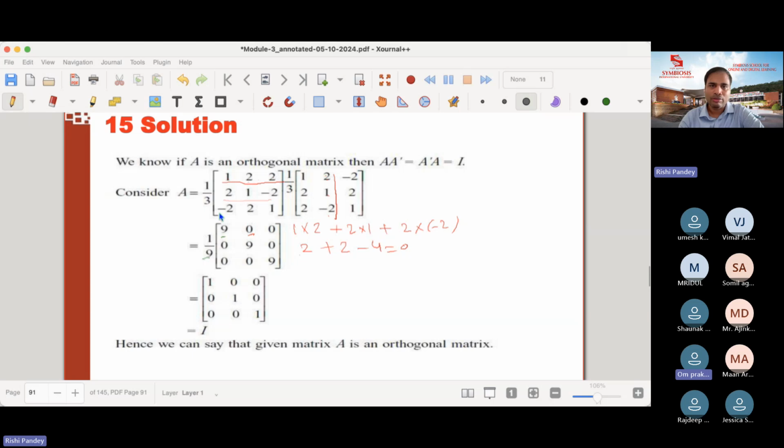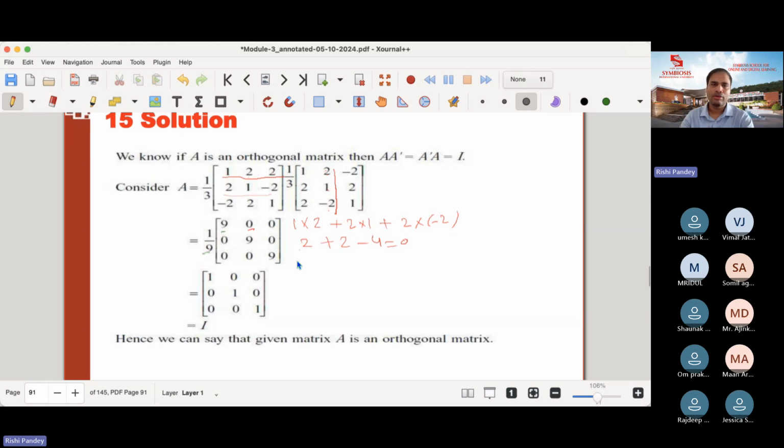Then third row, first column, third row, second column, third row, third column.